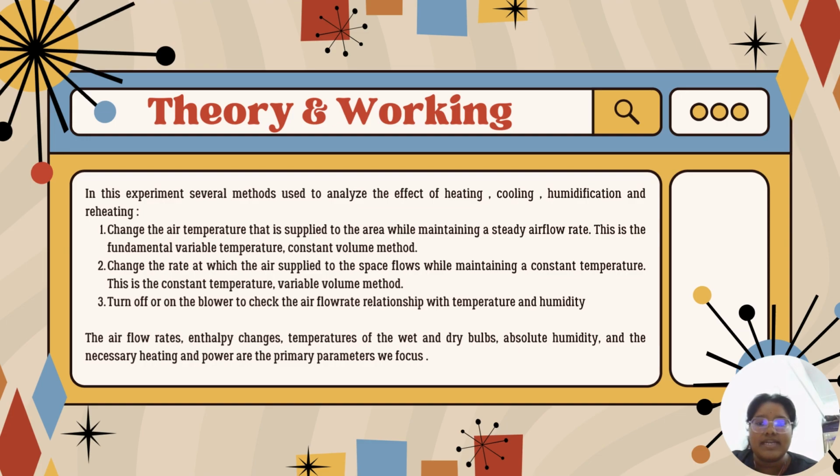Second, change the rate at which the air supplied to the space flows while maintaining a constant temperature. This is the constant temperature variable volume method. Lastly, turn the blower off or on to check the air flow rate relationship with temperature and humidity. The air flow rate, enthalpy changes, temperature of the wet and dry bulb, absolute humidity, and the necessary heating and power are the primary parameters we focus on in this experiment.